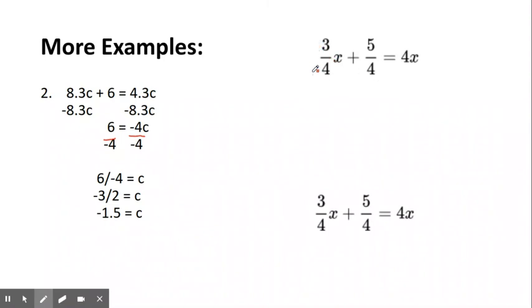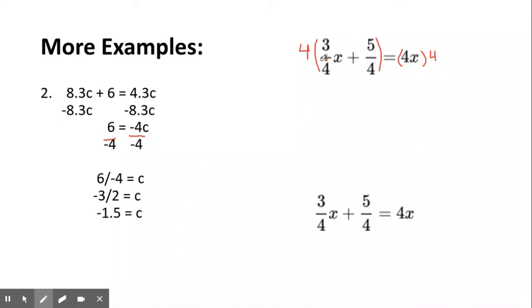Now there's a couple different ways you can show that. Notice I said multiply the equation by 4. Kind of goes back to whatever you do on one side, you do to the other. If I wanted to do that, I could show it by saying I want to multiply the entire equation by 4. Whatever I do on one side, I do on the other side. You can write it like that.